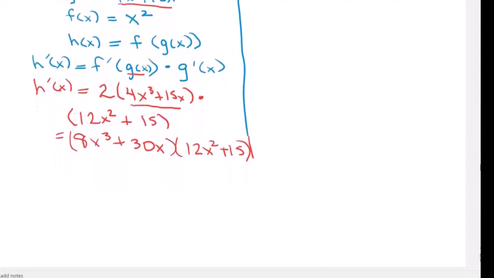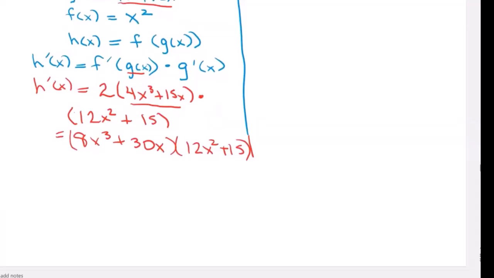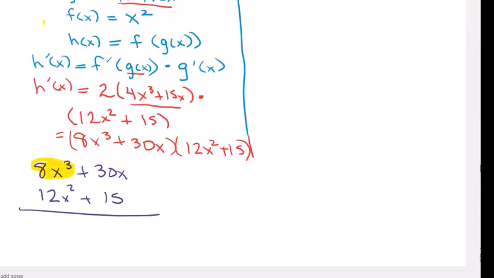I don't know if you want me to do this or not, but sure, let's do it. I do multiplication a little differently. I may or may not have shown this to you, but I usually do it vertically. This may not even be worth it, but I still do it vertically. First term, I multiply it by this and then by this. It means 8 times 12 is 96, x to the 5th power, plus 8 times 15 is 120, x to the 3rd power.